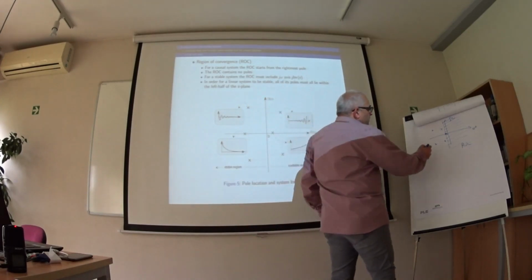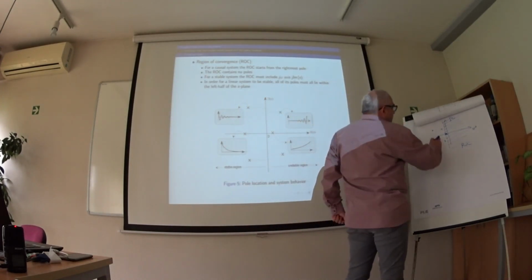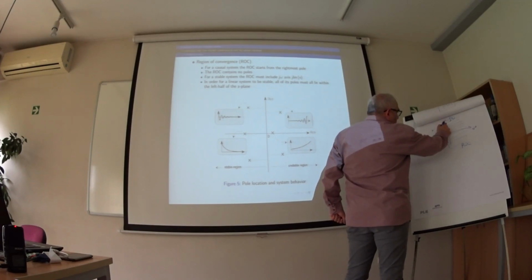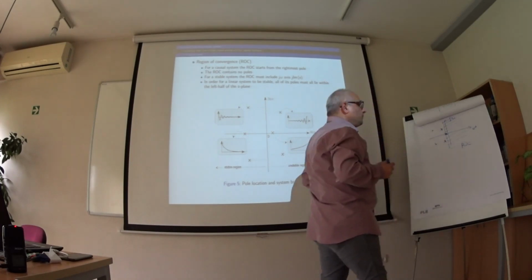If the pole is real, it can be alone, but if it is a complex pole, it is always complex conjugated. Always.